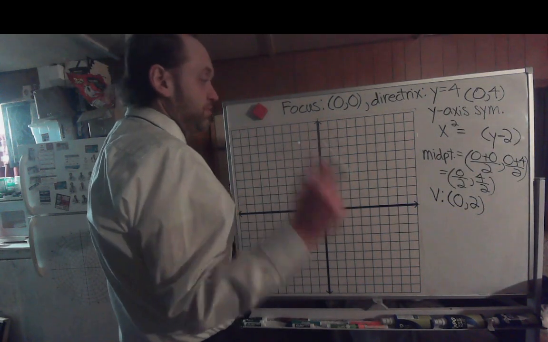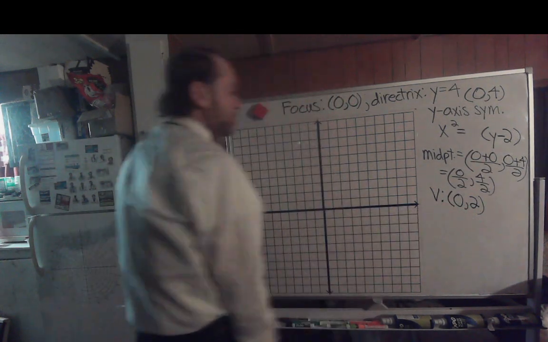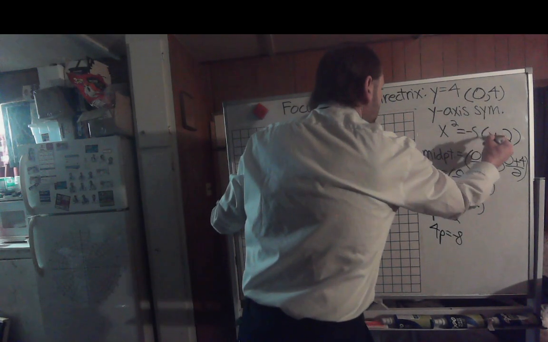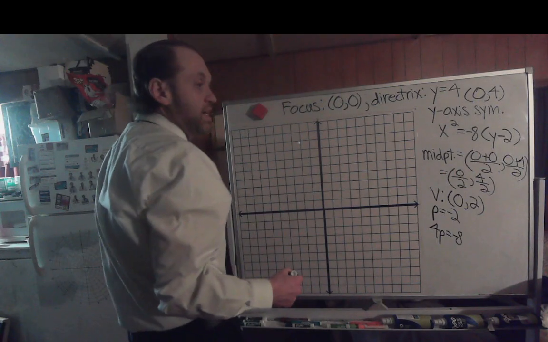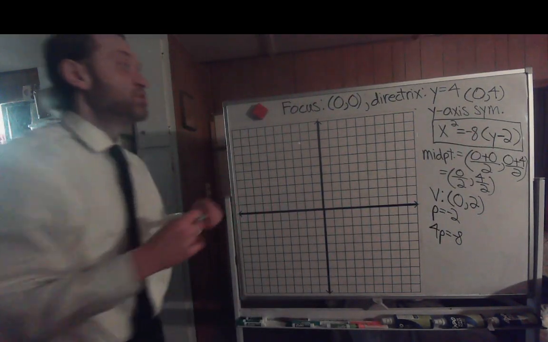You've got to find the p. If you go from the vertex (0, 2) to the focus (0, 0), that means your p equals negative 2. So 4p gives you negative 8. They sure love 8 in these exercises. So the equation you should get is x squared equals negative 8 times (y minus 2).